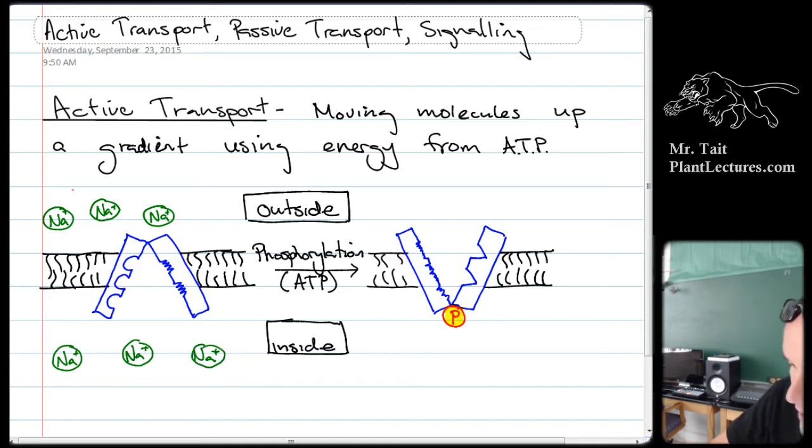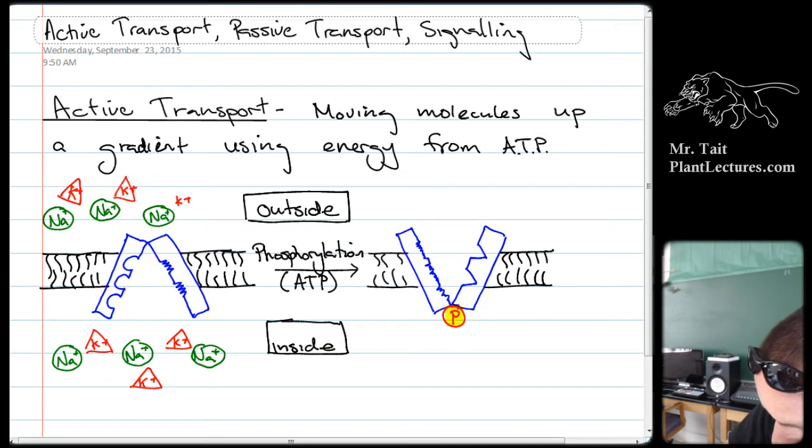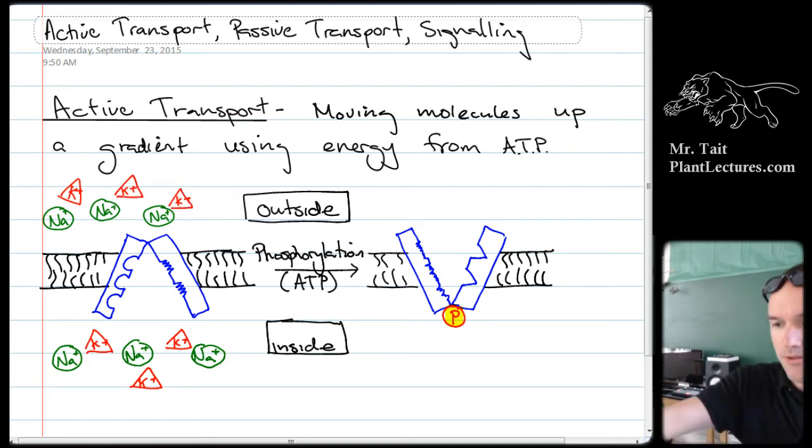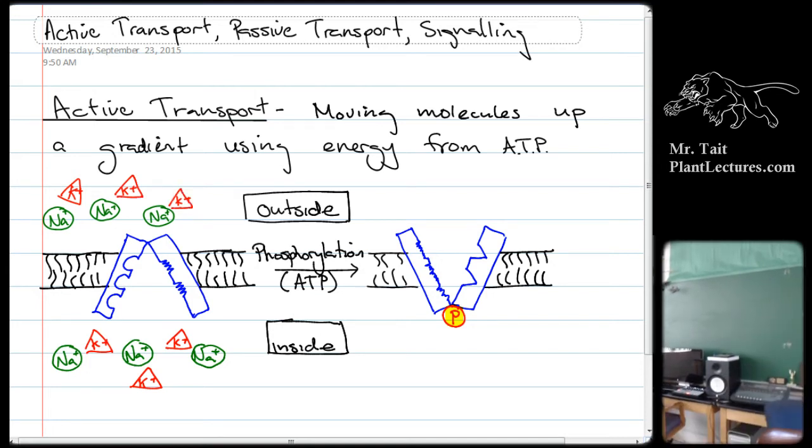And then on both sides we're going to have 3 K plus ions, and I'm going to draw those in triangles. I'll grab that so you guys can finish drawing.